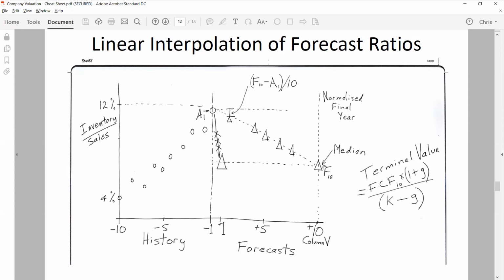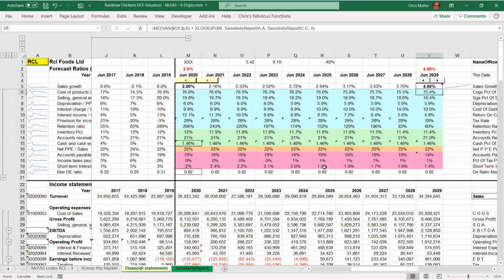So that's why you saw me in my spreadsheet calculate my median of those 10 historic years, and I place it into my 10th year. And I do it for most of these things. Most of them all look the same, and you'll see it's the median.